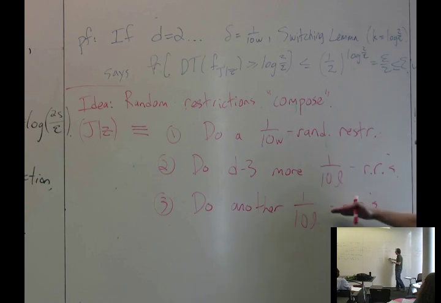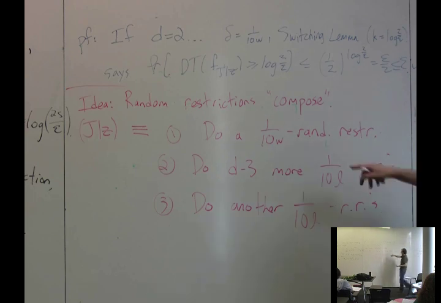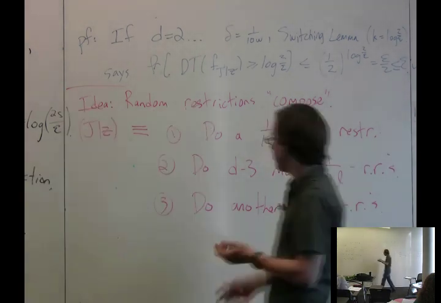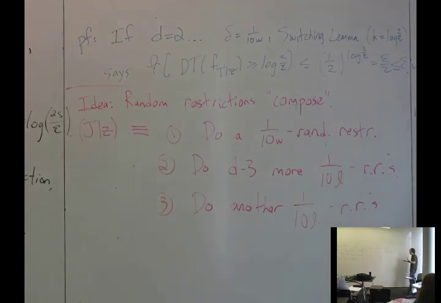And so you could do that again and again and again. And at the end of the day, the probability that a coordinate is free at the very end is just the product of all of these probabilities. Everything is independent. This is exactly cooked up so that the product is delta. And every coordinate that's not free, whenever it happened to get set, it was 50-50 plus or minus 1. So this is exactly what we want it to be.